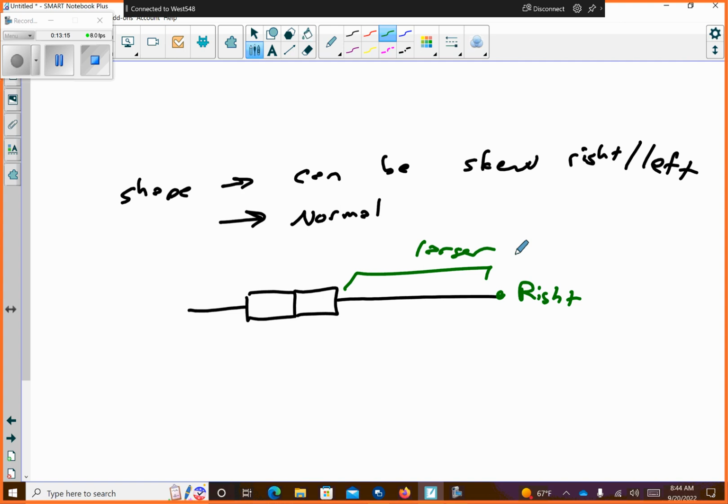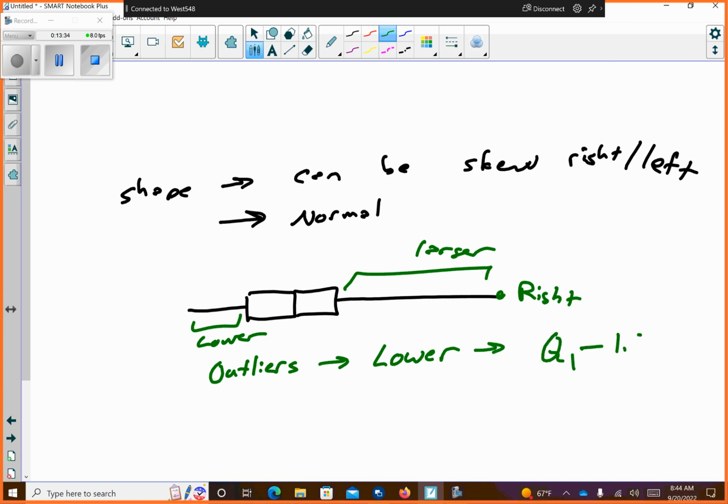And then the outliers, we talked about this just the other day. So if I wanted to find the lower, it's going to be Q1 minus 1.5 times the IQR.